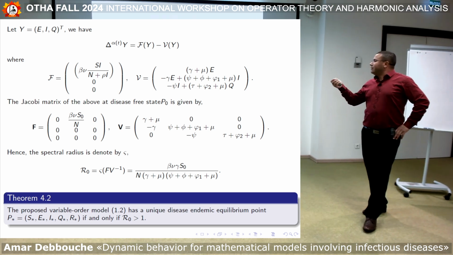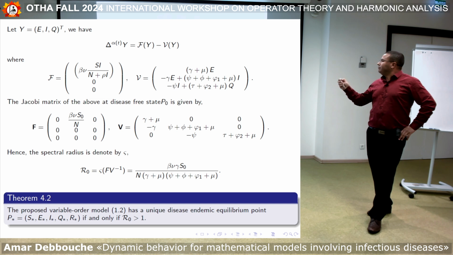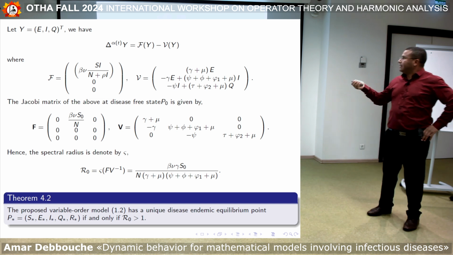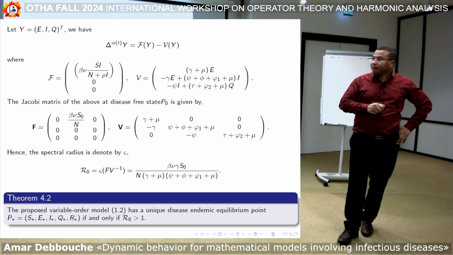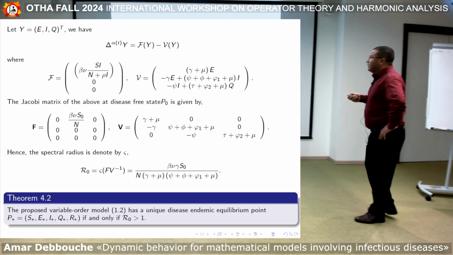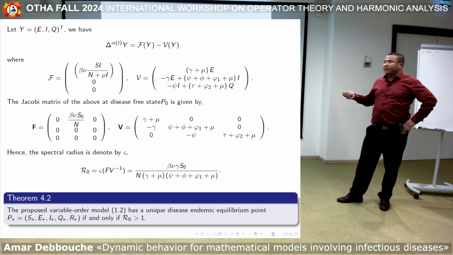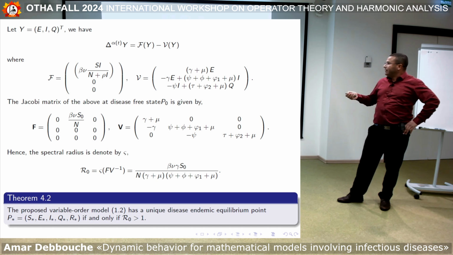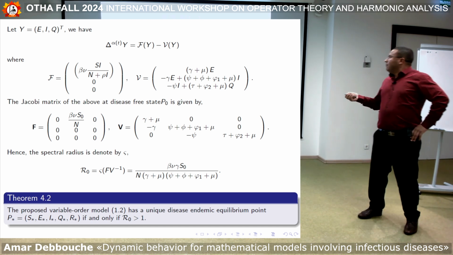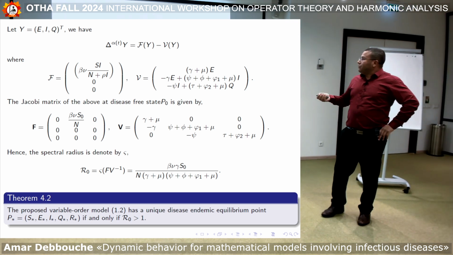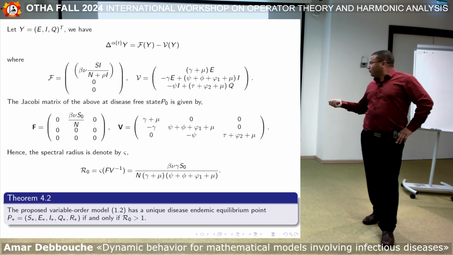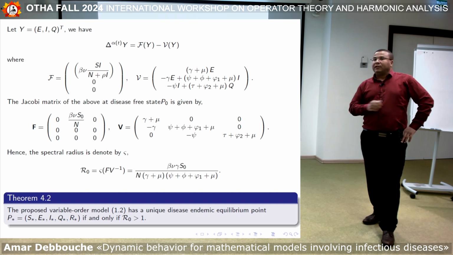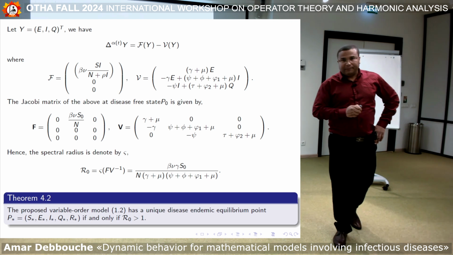After that, we construct this new equation in terms of capital F and capital V. We use the Jacobi matrix of the above at the disease-free state P0, as you see. It is easy to get the following matrices. Hence, the spectral radius R0 will take this form. We will estimate this form later to see the nature of stability.